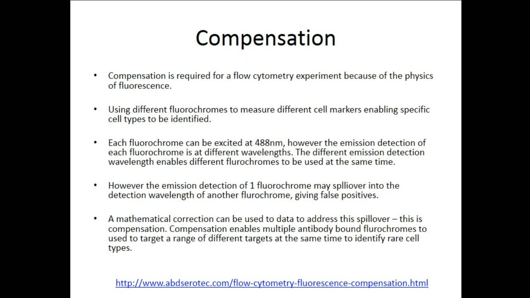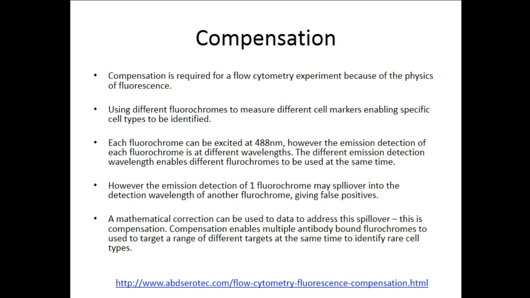So compensation is required for a flow cytometric experiment because of the physics of fluorescence. And basically because some of the fluorochromes or colors will be too similar in nature, and therefore you need a way to tell the machine how to adjust for their similarities.